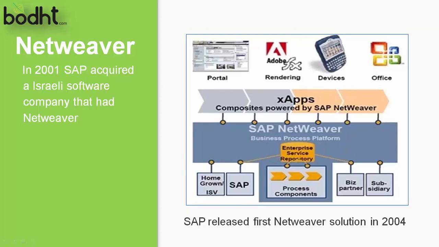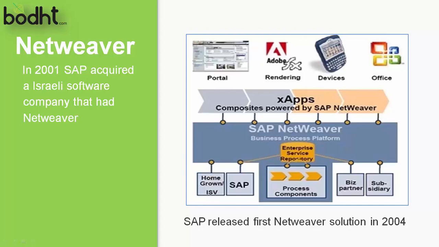Basically this is a kind of middleware which can connect to SAP as well as any other legacy systems, homegrown systems, or even Java based or C++ based systems. Any of these systems can hook up to NetWeaver and it can finally work as a solution for any enterprise.